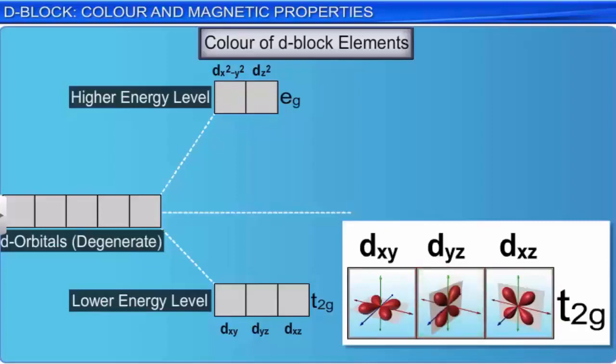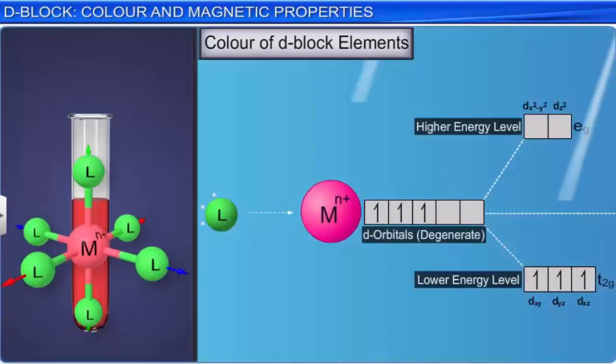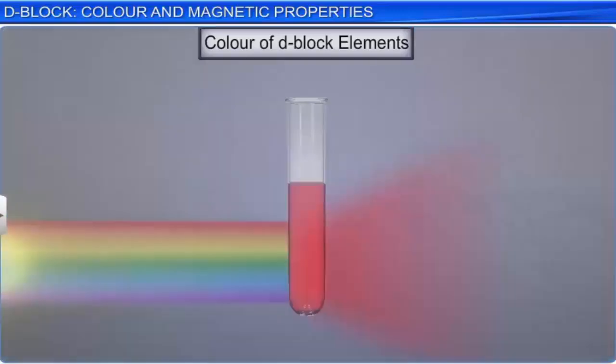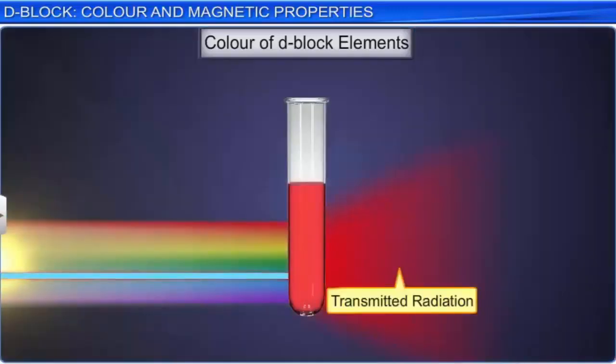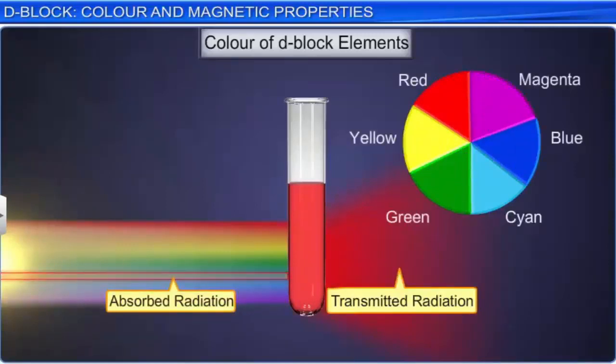When white light is incident on a transition metal ion, the electron in the lower energy d orbital set absorbs certain radiations and gets promoted. The transmitted radiation, devoid of the absorbed radiations, is the complementary color of the absorbed light.